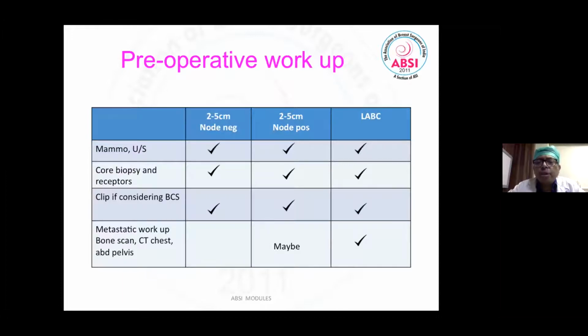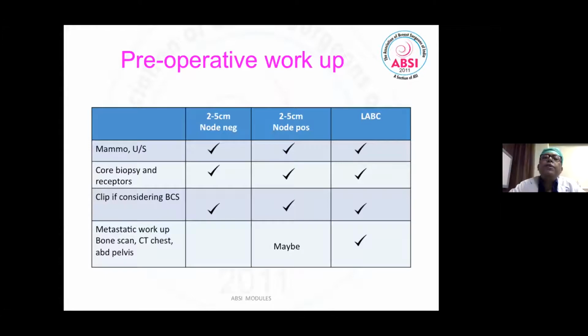You are going to go for a triple assessment, and once you understand that it's a metastatic or locally advanced breast cancer, you are going to do a metastatic workup. Whereas if you see it's an early breast cancer, you should routinely not be doing a metastatic workup.